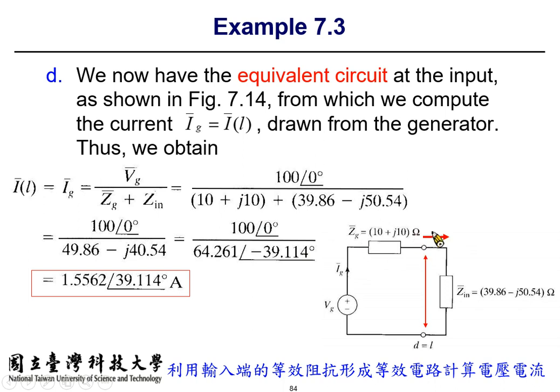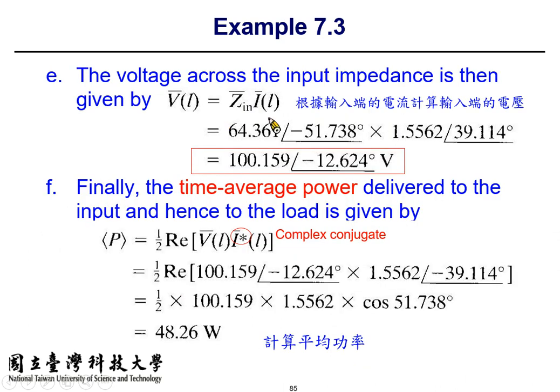Next, we need to find out the voltage over here. It can be found by the product of the current and the input impedance. So the voltage at the left end will be 100 volts with minus 12 degrees. The very last thing is to do the product of the voltage and the current.